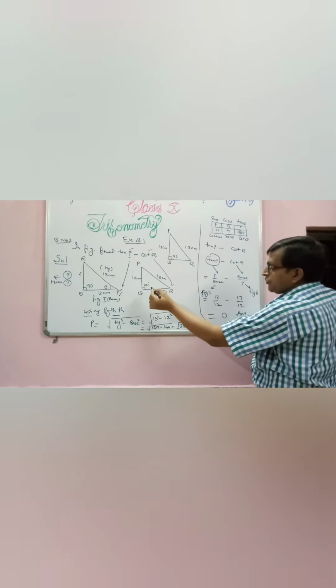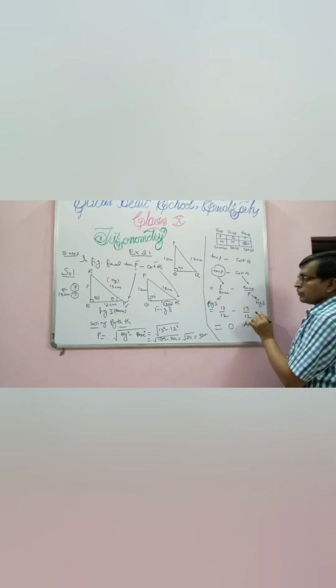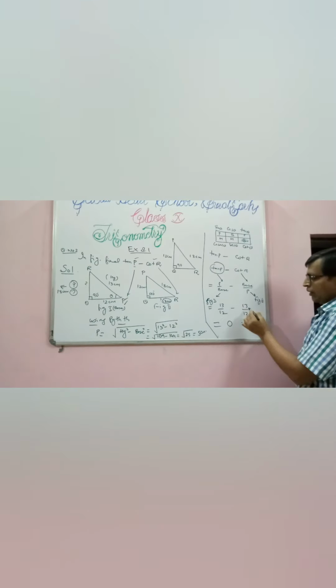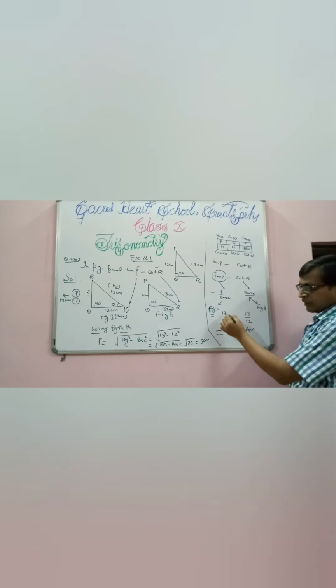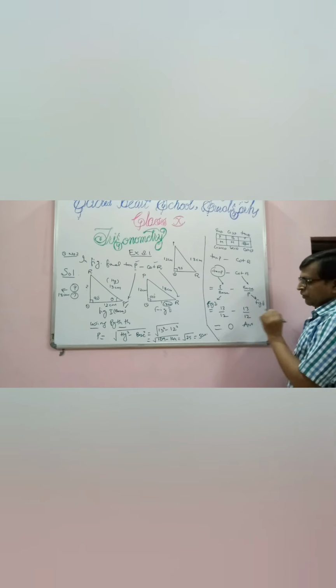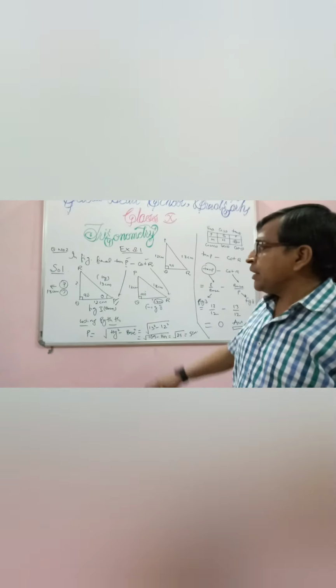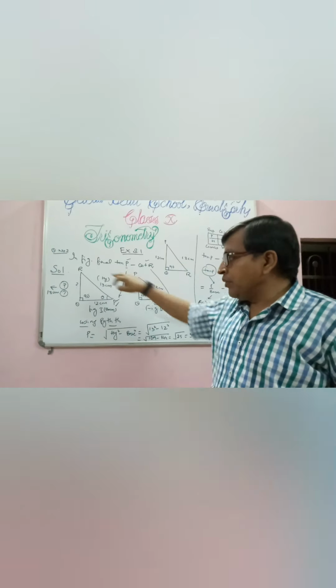Base is 13 cm and perpendicular 12. 13 upon 12 minus 13 upon 12. When we subtract the same digit, then 0 is there. This is the answer. Okay, this is the NCERT exercise 8.1 question number 2 answer.